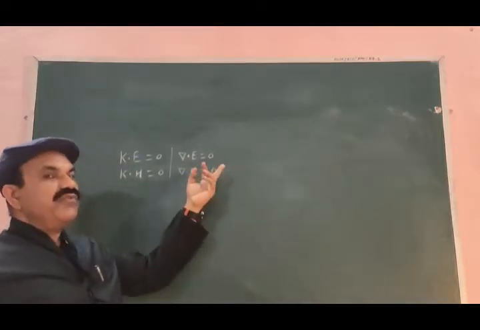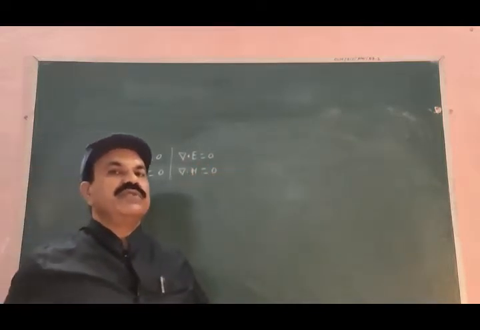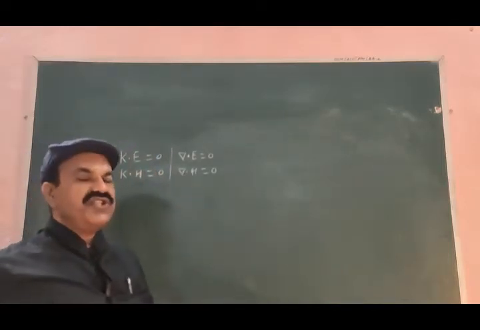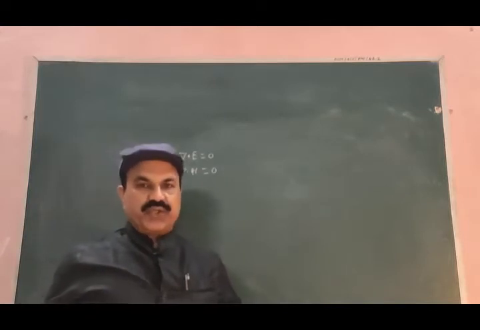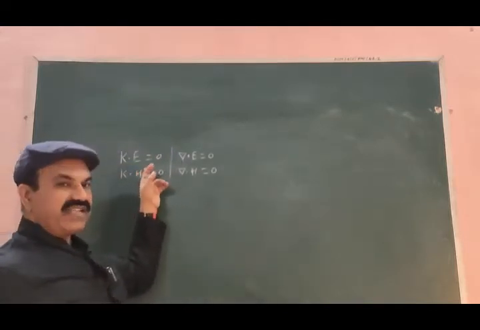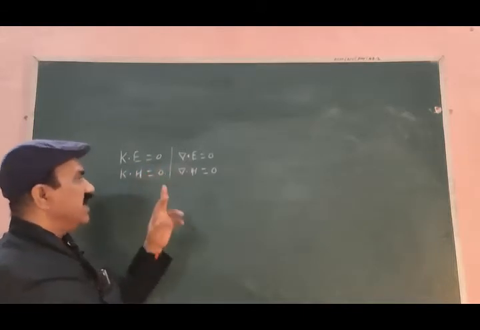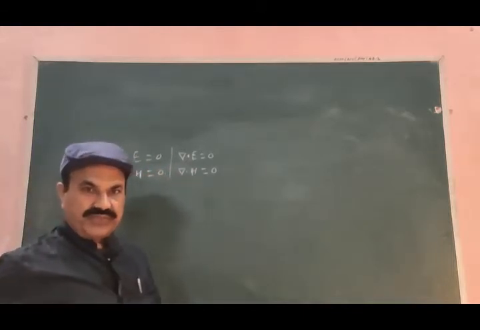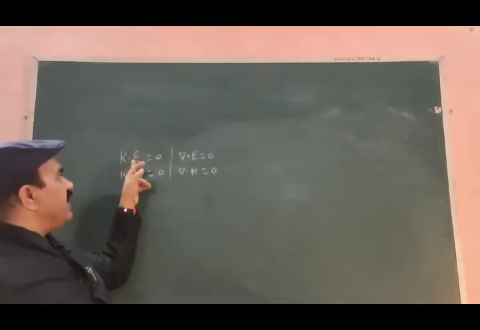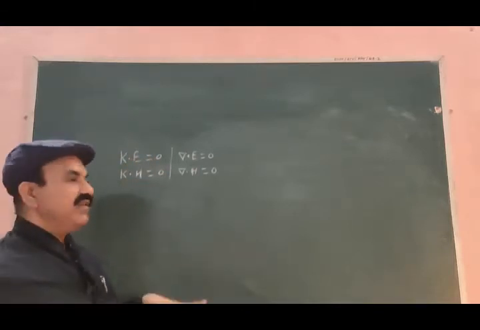Using del dot E is equal to 0 in the solution of electrical component E and del dot H is equal to 0 in the solution of the magnetic component H, we arrived at K dot E is equal to 0 and K dot H is equal to 0. Dot product of these two is 0, it means that K and E are perpendicular to each other.